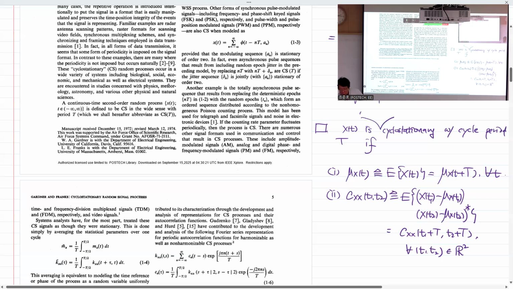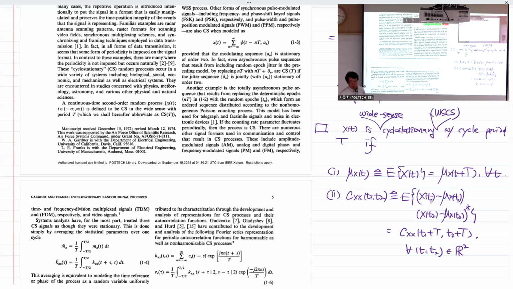Some people say that this is wide-sense cyclostationarity and abbreviated as WSCS. Okay, question? Wide-sense stationary. Yes, so there is, of course, strict sense cyclostationarity.